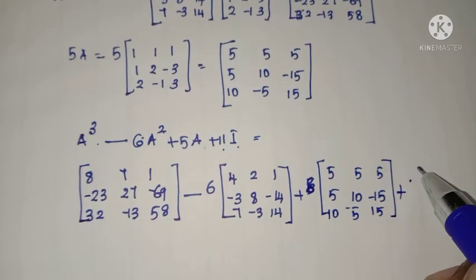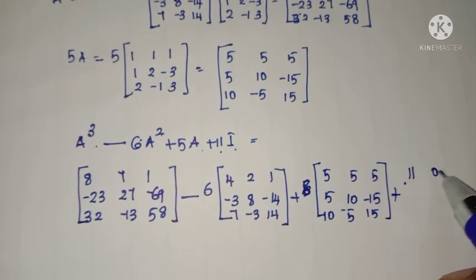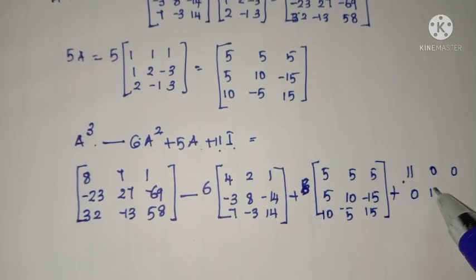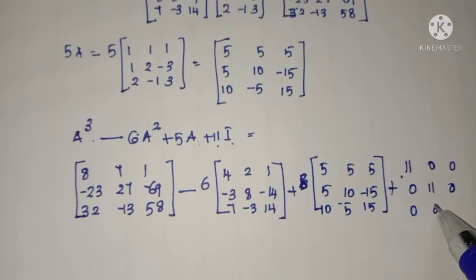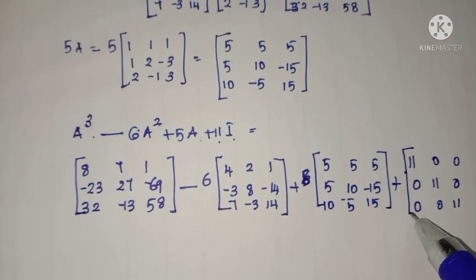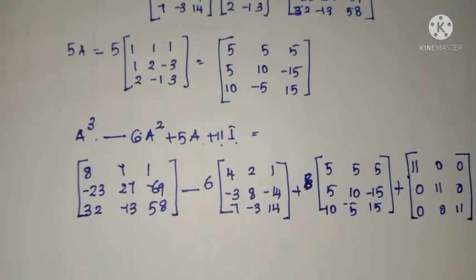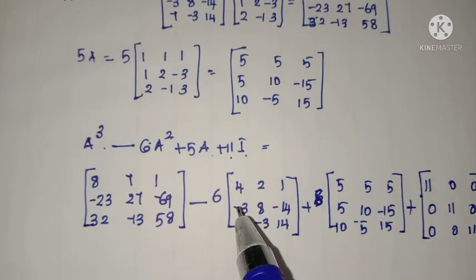I is the identity matrix, so 11 0 0, 0 11 0, 0 0 11. Now operate these four matrices.